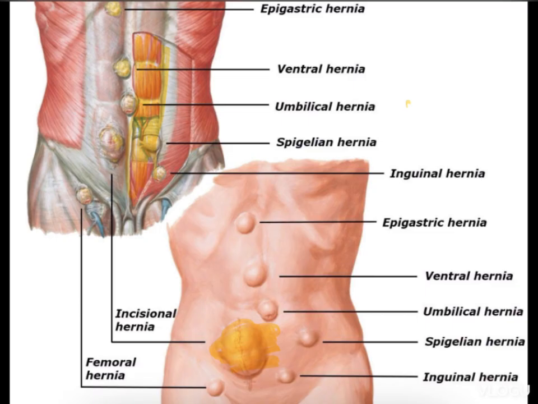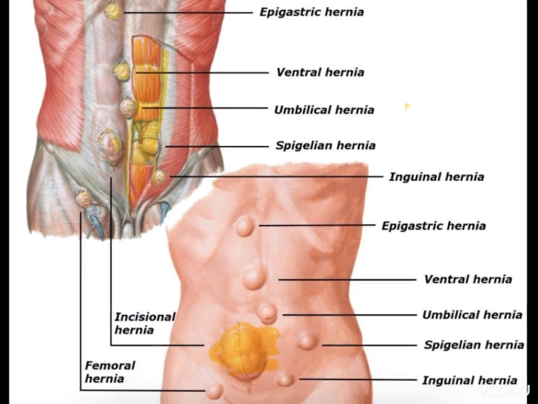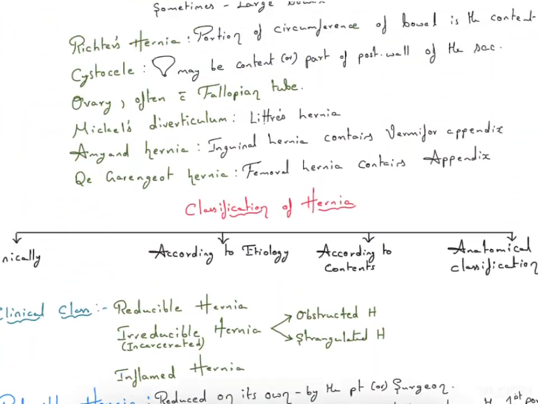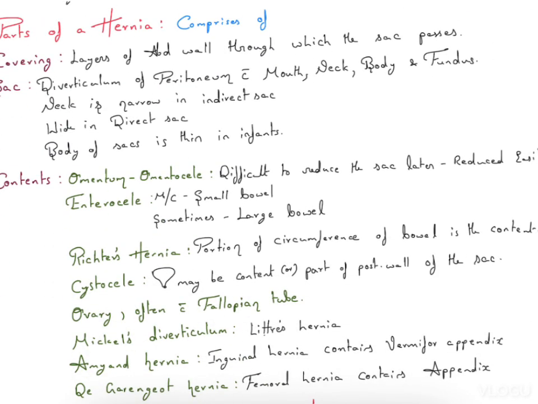We have some classification of reducibility. But before that, we have to understand the parts of hernias and how they comprise the structures. So here we can see the covering, that is the layers of the abdominal wall through which the sac passes.